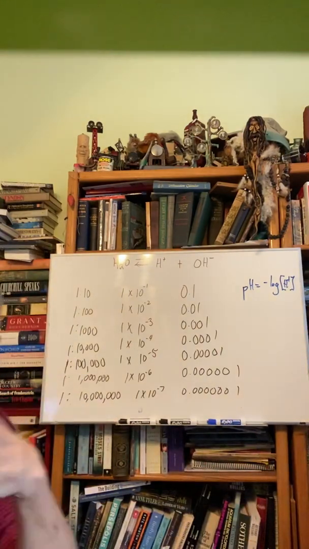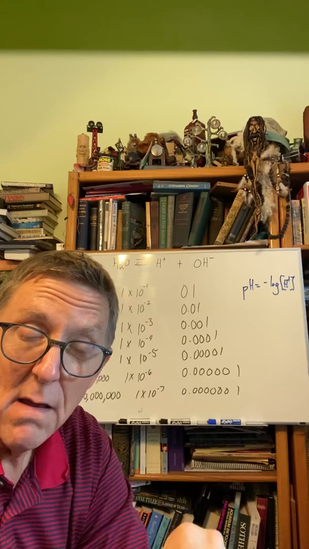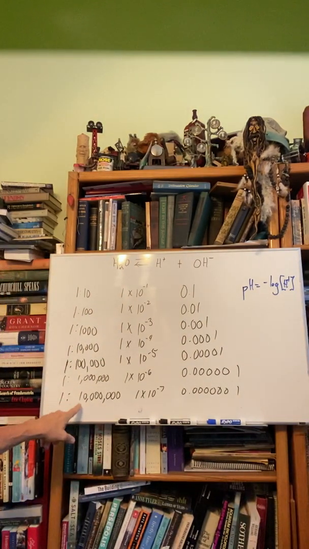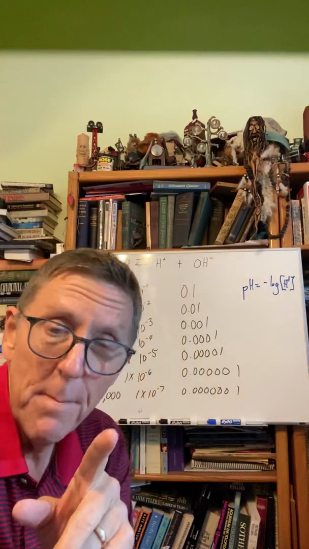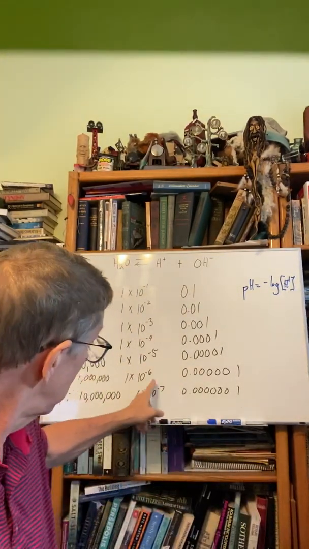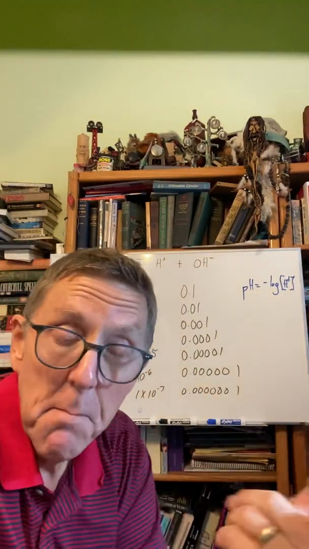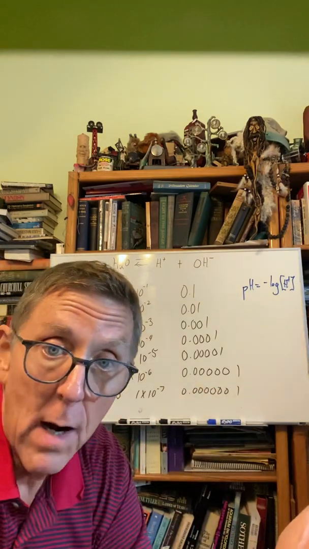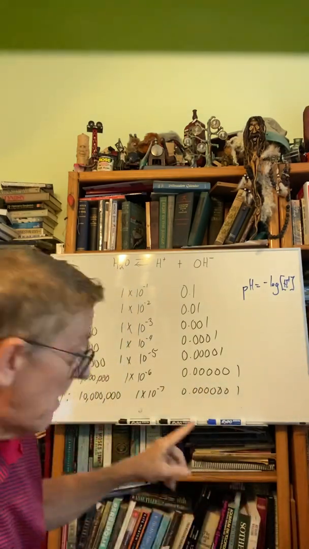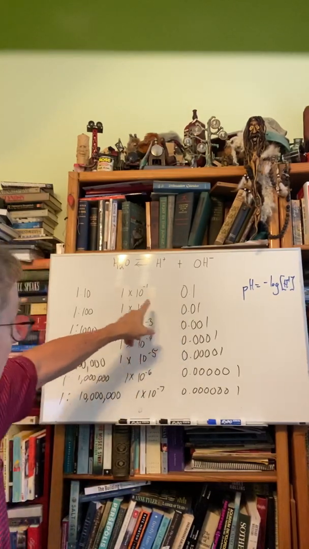If you made it 10 times greater by adding acid, and it went from 1 in 10 million hydrogen ions to 1 in 1 million, what would your pH be? It'd be 6. And then if you keep adding more acid, pH 5, and so on and so on.